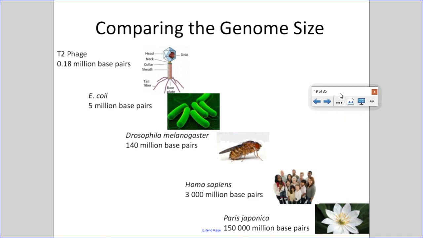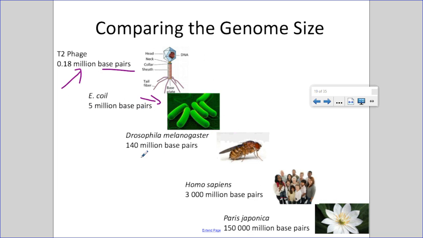When we compare genome size between different species, just for the sake of comparison, here we have a virus. This is referred to as a phage virus, which infects bacterial cells, specifically E. coli. Its genome is very small when talking about base pairs, compared to E. coli, where we now get into millions of base pairs.